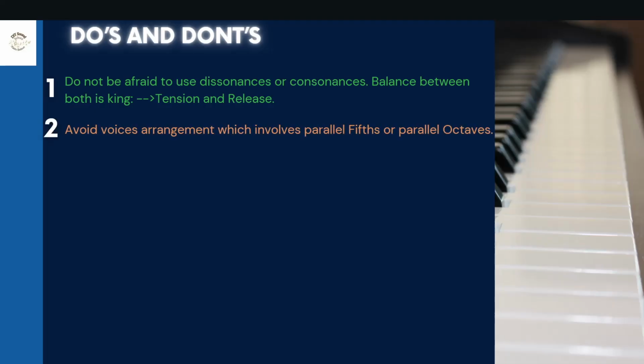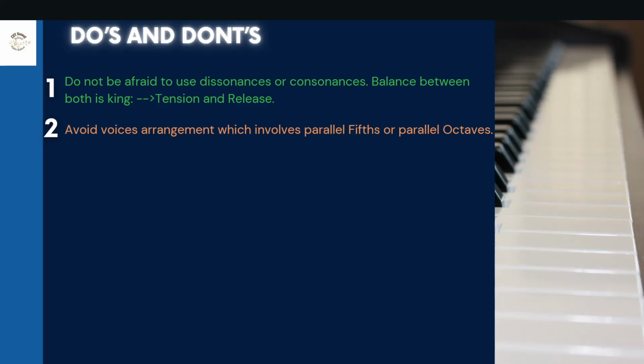The other aspect is try to avoid voice arrangements which involve parallel fifths or parallel octaves. This is probably more in the field of instrumental or orchestral music, but it can also be applied to vocal arrangements and multiple or polyphonic arrangements.